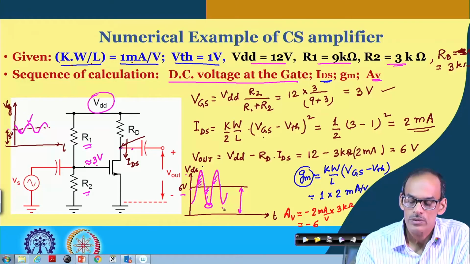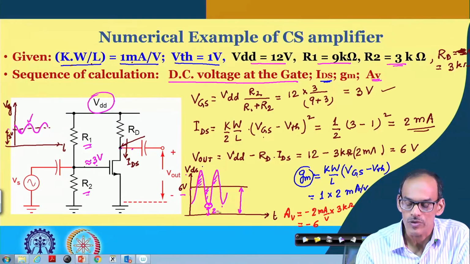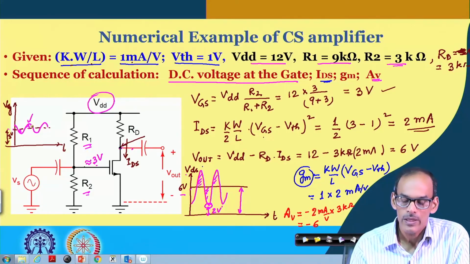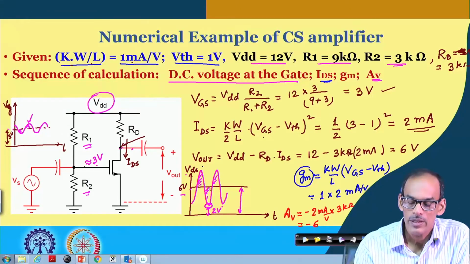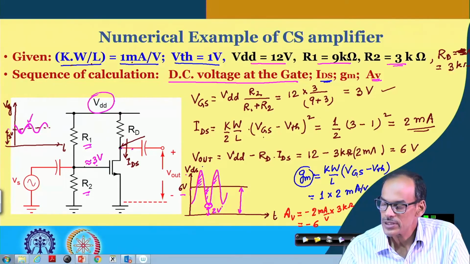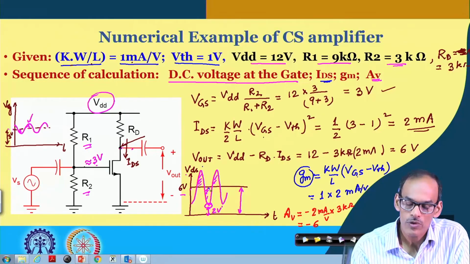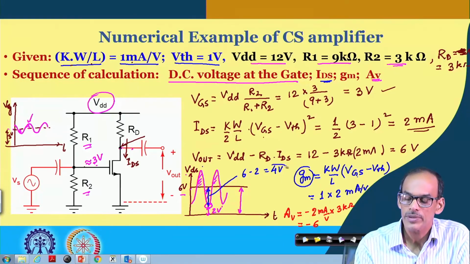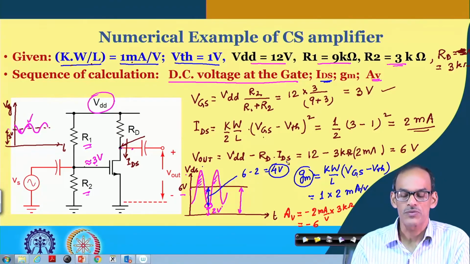So, the valley here can be as low as 2 volt if I ignore this variation, and then the corresponding signal swing from 6 volt to reach this 2 volt is 4 volt, 6 minus 2 volt. So, the output swing can be as high as 4 volt.